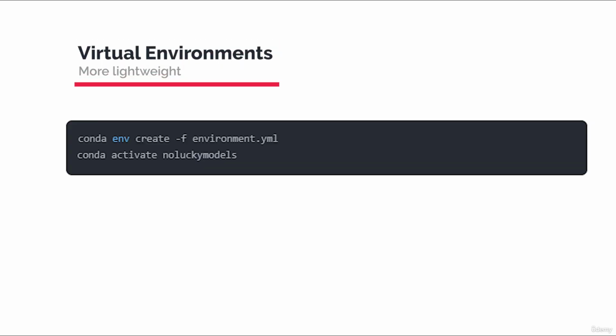Virtual environments. Virtual environments are lighter weight but only isolate Python packages, not system libraries. In professional settings, I strongly recommend using environment isolation for every project. It saved me countless hours of debugging dependency conflicts and helped ensure models perform consistently across environments.